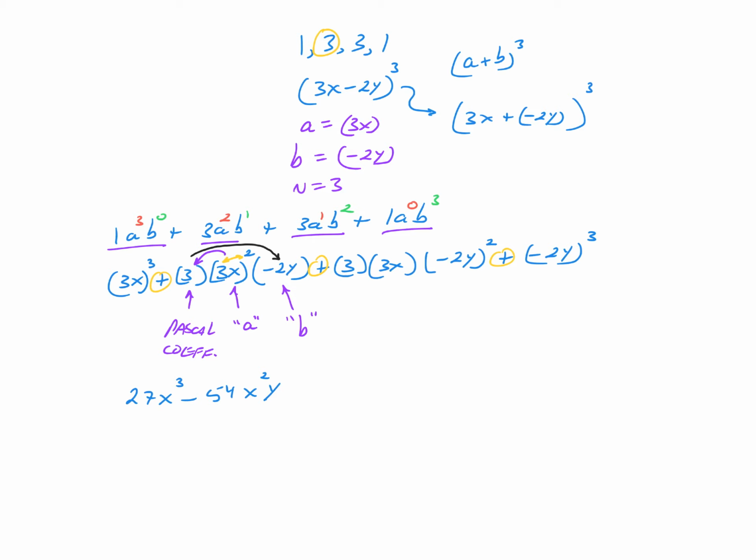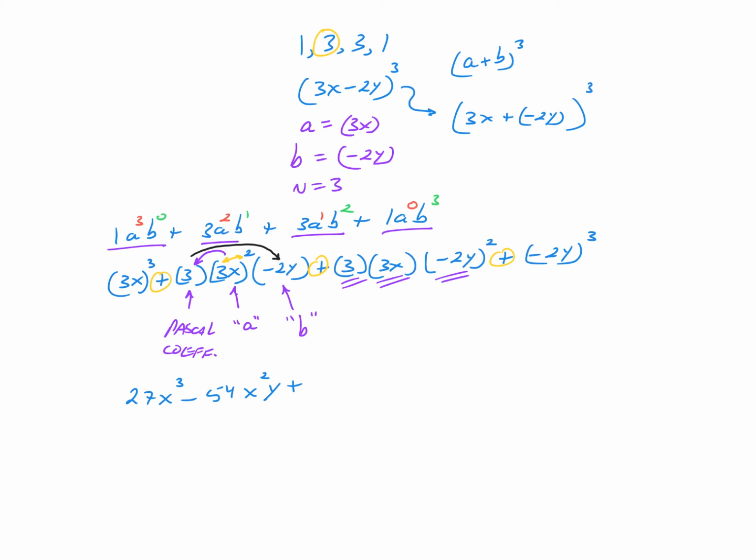Life is good. All right, plus, and you might be able to tell that these coefficients get really big really fast. So let's look over here at the next term. I have Pascal coefficient right there, 3. So that's going to give me 4. 4 times 3 is 12. 12 times 3 is 36.